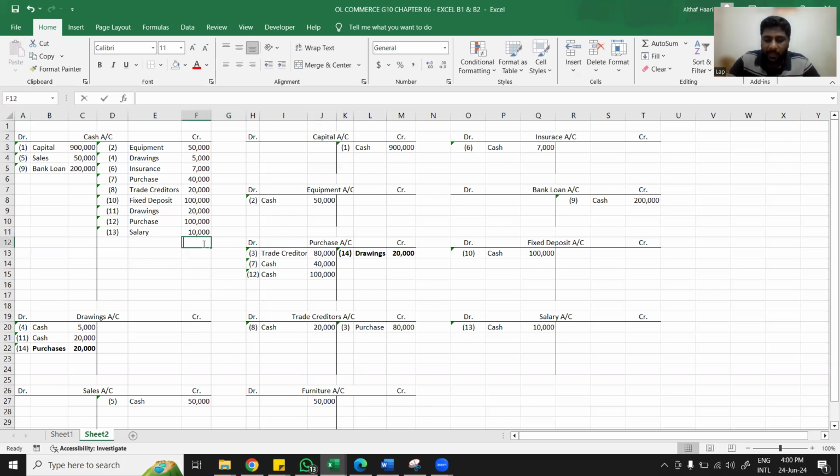Cash account credit. Furniture, here you can write cash.